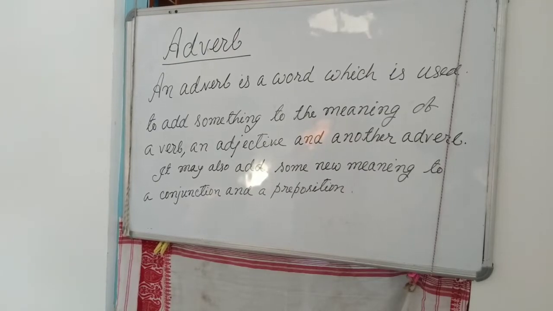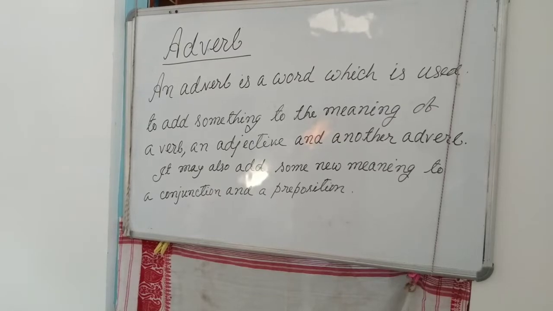Sometimes it may also add some new meaning to a conjunction as well as a preposition. So we can say that an adverb is a word used to add something to the meaning of a verb, an adjective, another adverb, a conjunction and also a preposition.